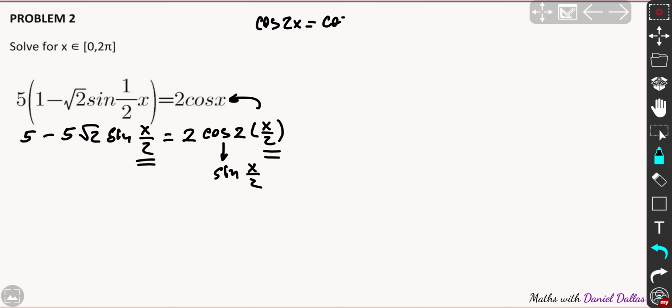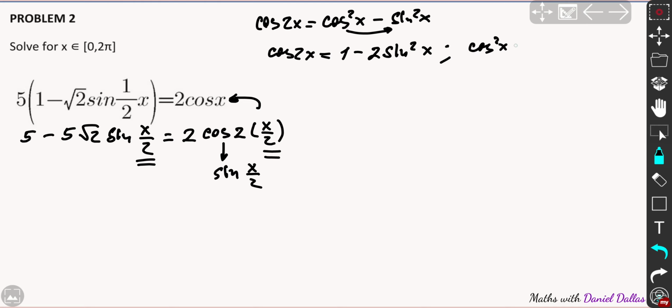So cos 2x is cos squared x minus sine squared x. But I'm not satisfied with cos, so I also want to get to sine squared. So finally I'll get cos 2x is 1 minus double of sine squared x. Using the trig identity, I just use, instead of cos squared x, 1 minus sine squared x. I can write, if you like, cos squared x equals 1 minus sine squared x, and hence I just plug it back.